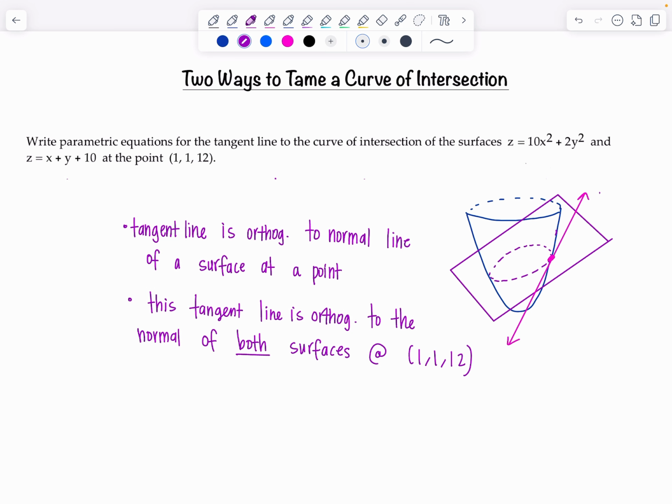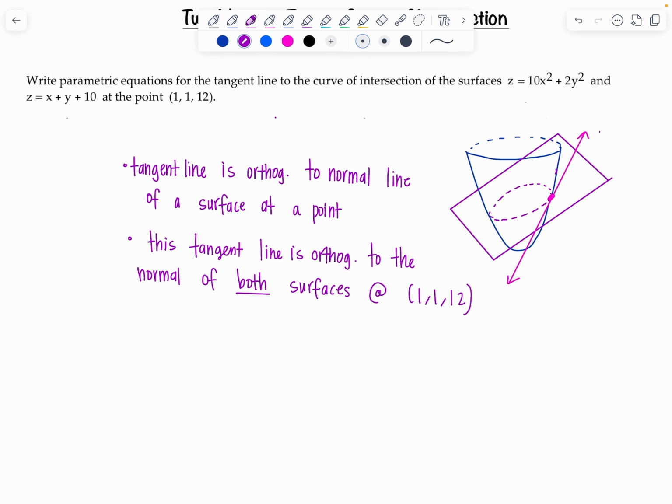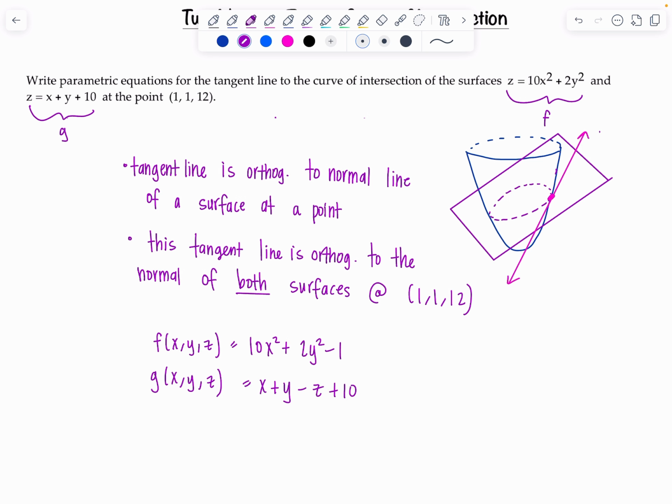So how do I get the normal for each of the surfaces? I could look at their gradients. I'll call this first function f and this one g. So f of x, y, z is 10x squared plus 2y squared minus z, and the second one, g of x, y, z is x plus y minus z plus 10.